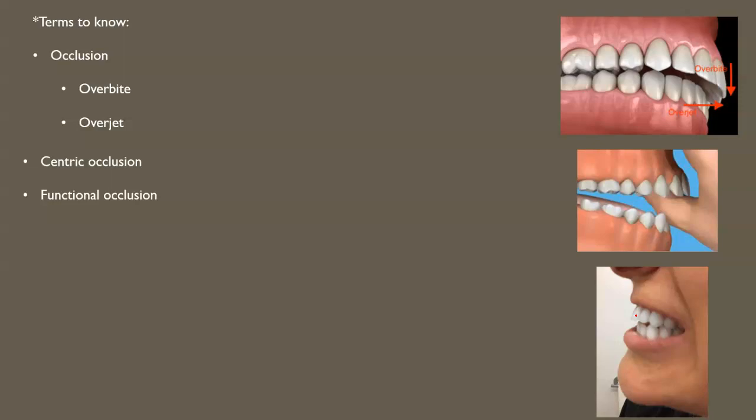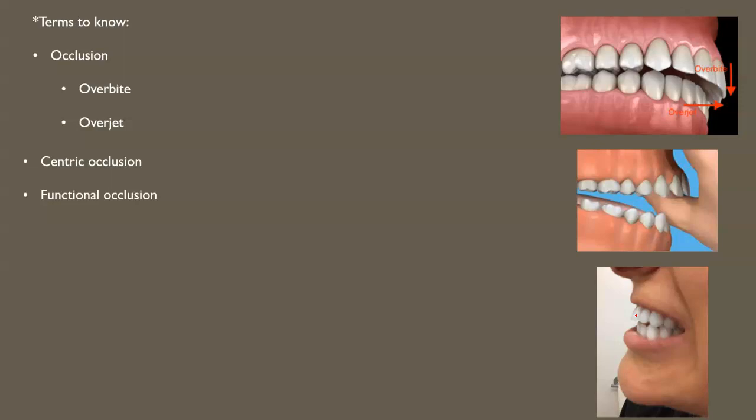If I were to ask you to close your mouth, bite together, that's going to be your centric occlusion. So how your maxillary and mandibular arches come together and how your teeth connect is your centric occlusion.